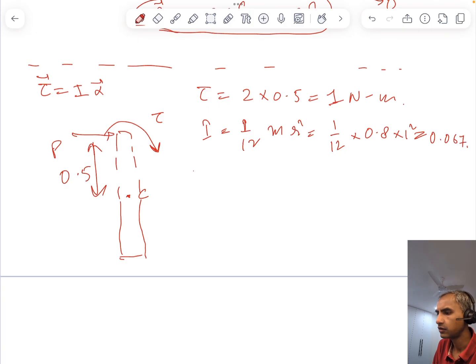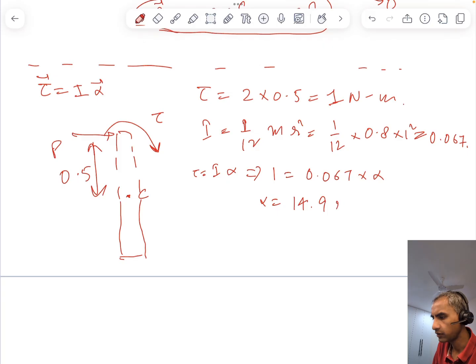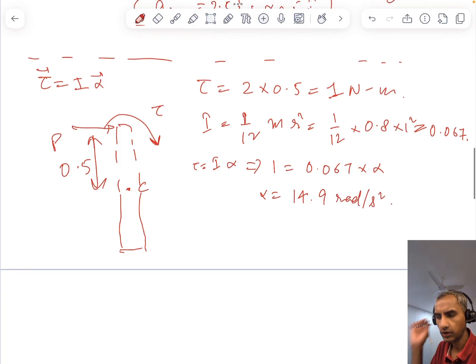Okay, so we have tau is equal to I alpha. So we have 1 is equal to 0.067 multiplied by alpha. Alpha is equal to 14.9 radian per second square.